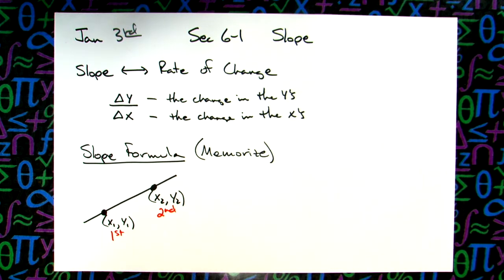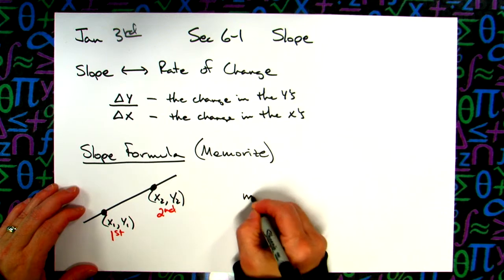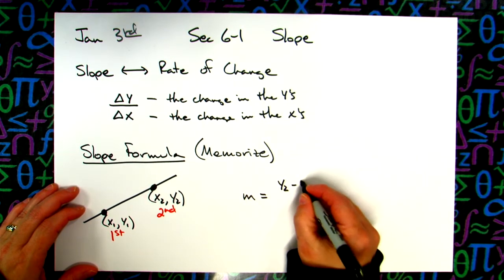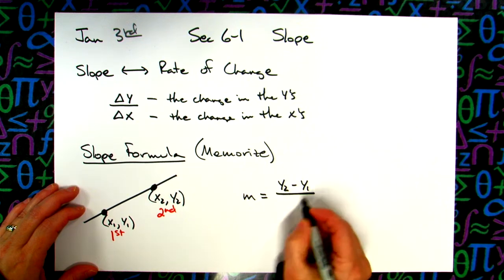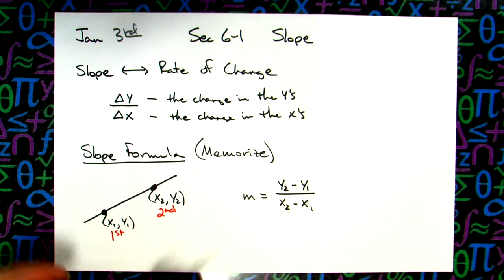That 2 is telling me, hey, this is the second point on the line. So this formula is designed to be used when you know 2 points on the line. The given formula is m equals y sub 2 minus y sub 1 all over x sub 2 minus x sub 1.